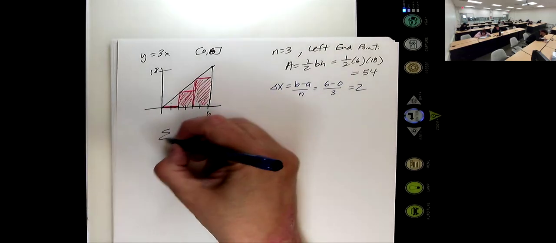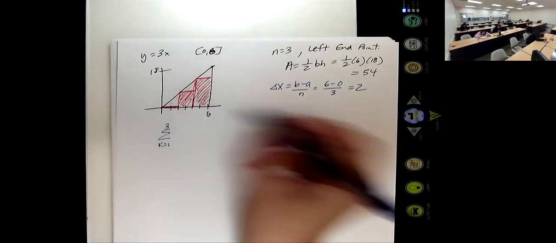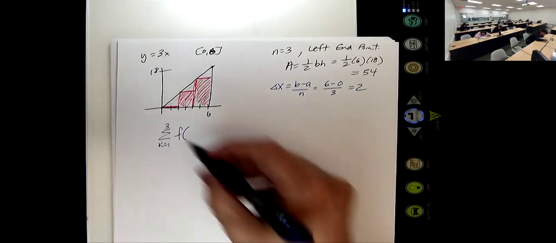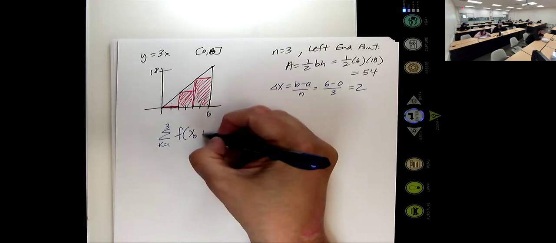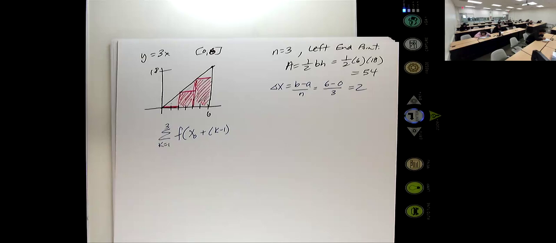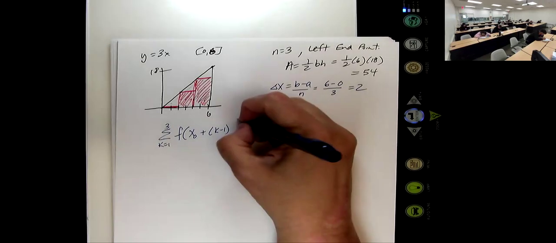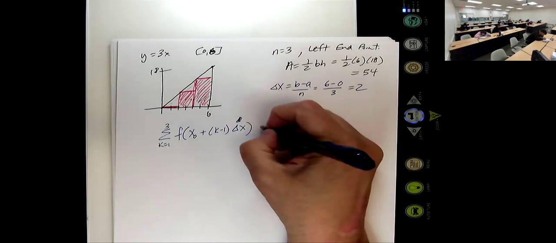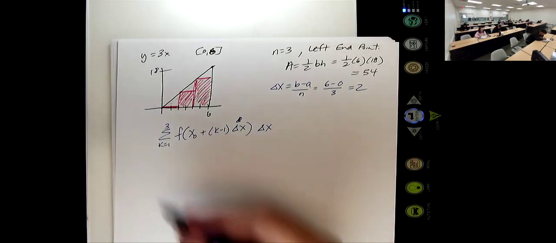So we're doing k equals 1 to 3, that's my n, of f of x naught plus k minus 1 times, this is my delta x right here, and then times the delta x.